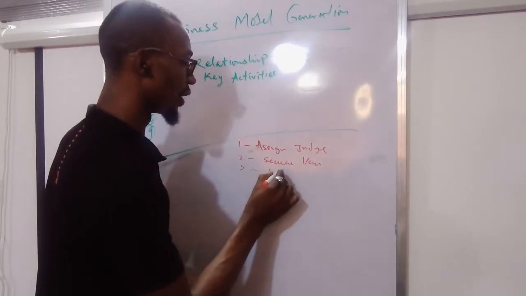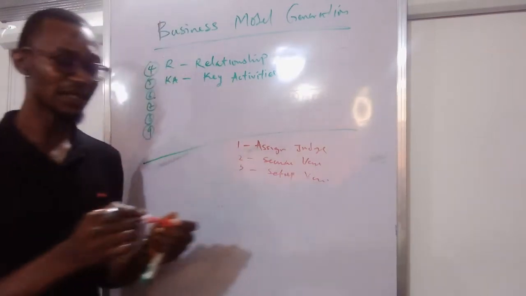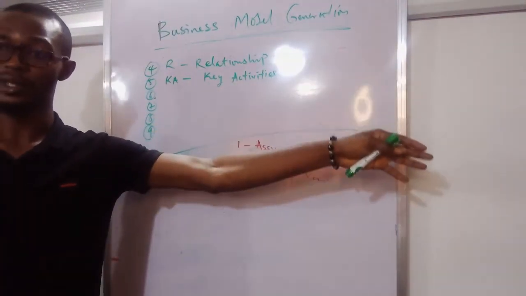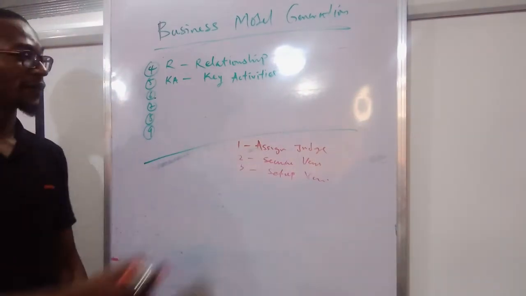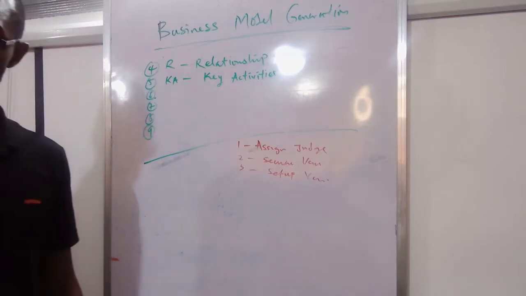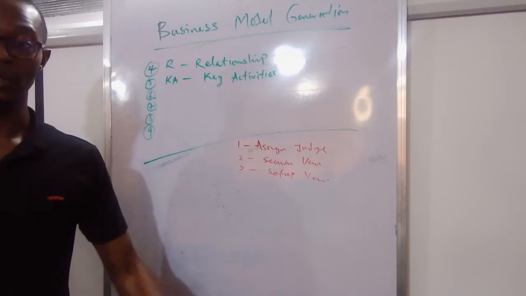You need to set up the venue. So all these things, for instance this guacamole we ran into this morning, if the key activities that needed to be done for us to get this thing installed had been taken into consideration, we won't run into some of these things.